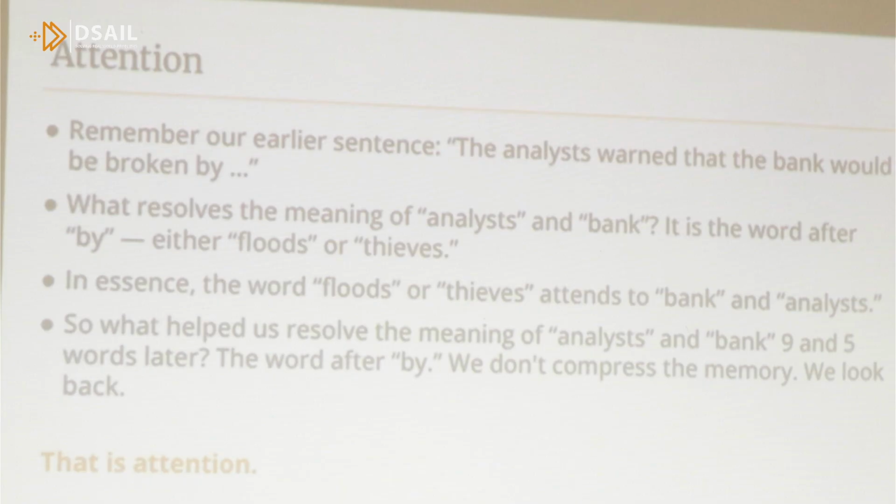Did you get that point? So we've had RNNs, we've had LSTMs, and then they added this concept of attention in LSTMs. And the whole attention is simply, instead of me trying to always compress the history, why don't I just look back directly? I'm here at floods, so why don't I just look back and see, oh, there's analysts, so they are related this way. So it's some kind of lookup, so to say.